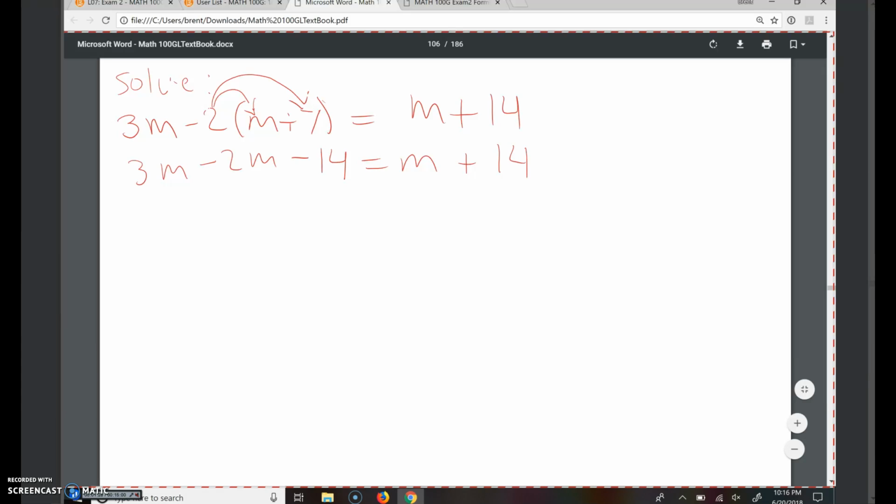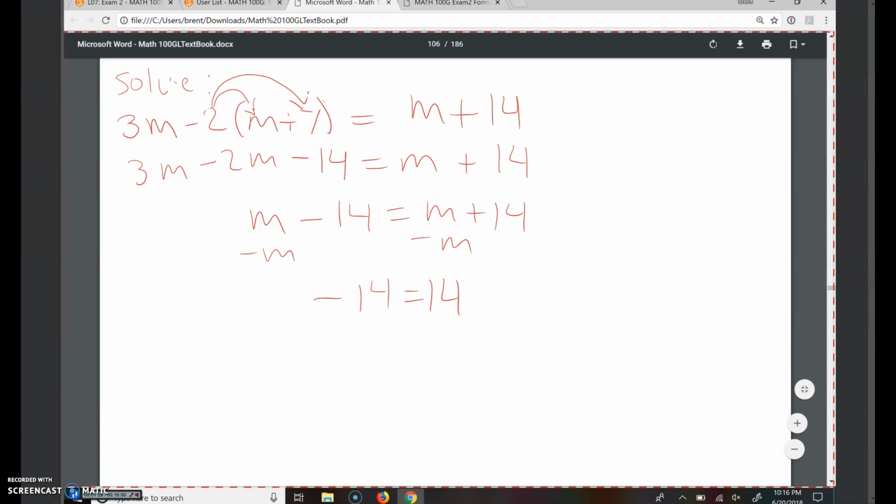Now if we combine like terms, 3m minus 2m, it's going to be m minus 14 equals m plus 14. And if we subtract the m from both sides, we're left with -14 equals 14.